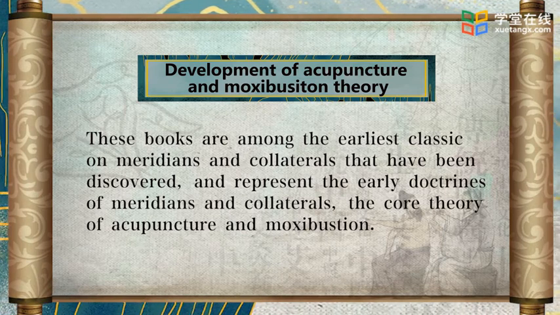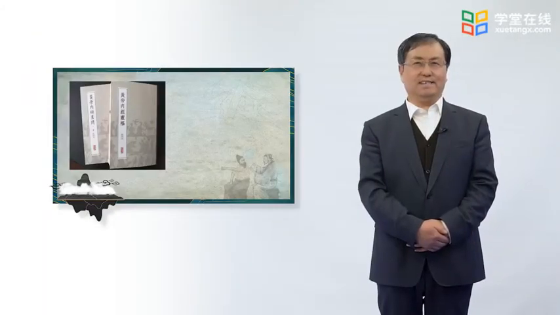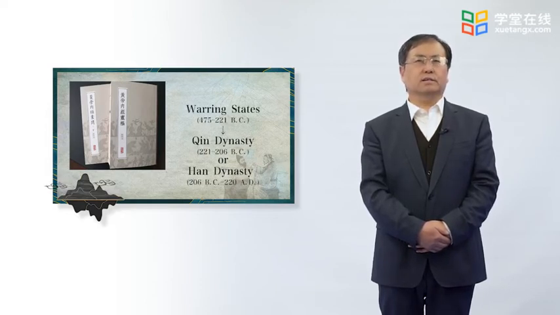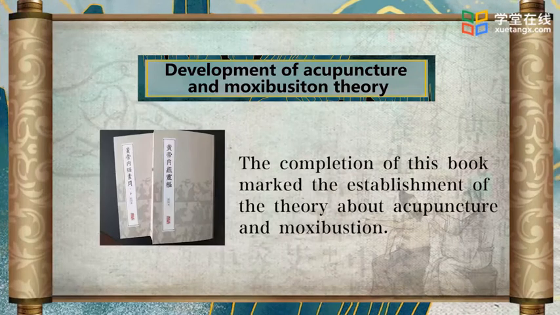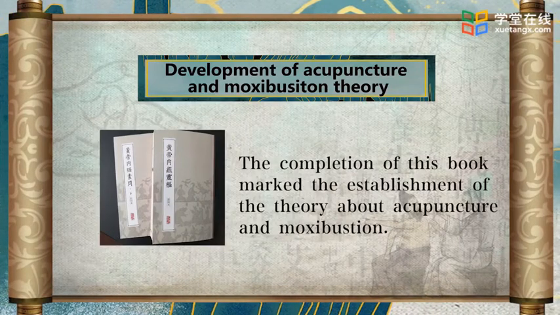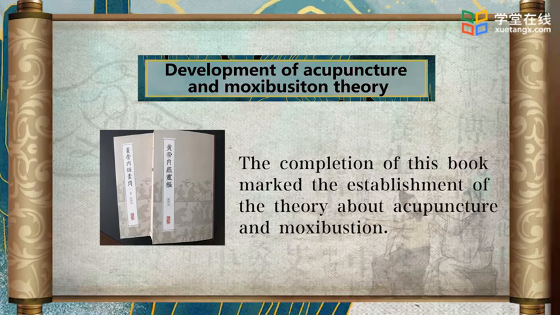The core theory of acupuncture and moxibustion. Huangdi's Internal Classic was written during the Warring States to Qin Dynasty or Han Dynasty. The completion of this book marked the establishment of theory about acupuncture and moxibustion.